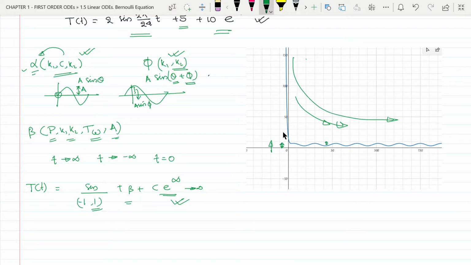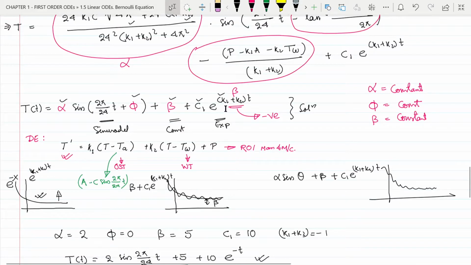Now what happens at t tends to plus infinity? This case was for t tends to minus infinity. At t tends to infinity, the exponent of e tends to minus infinity, because t tends to infinity, and k1 and k2 are negative terms, so multiplied they give minus infinity, so e to the power minus infinity.